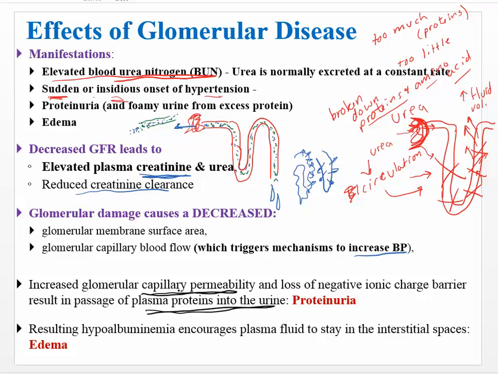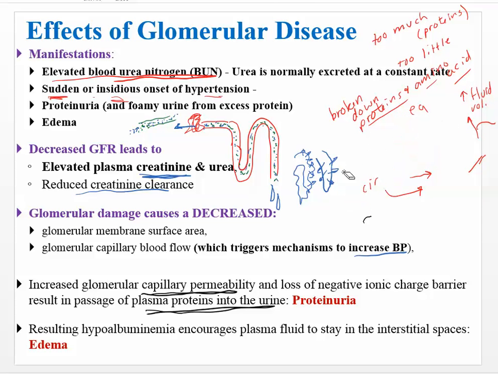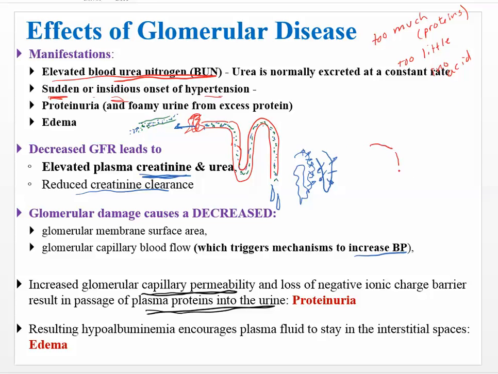If you can imagine, here we'll make it red again. We'll erase some of this other stuff. So you can sort of imagine we have the glomerulus, and we'll say this is that capillary ball that's going all over the place.